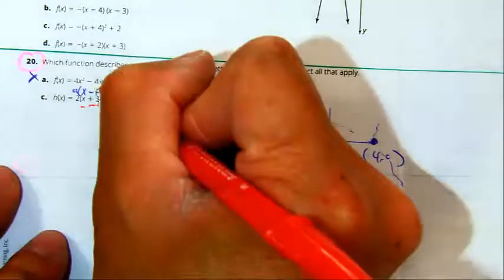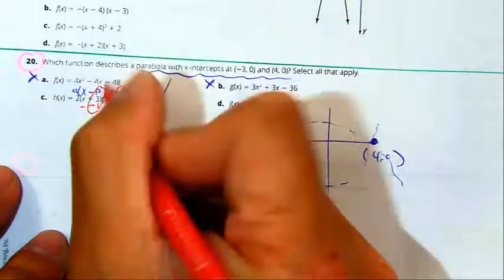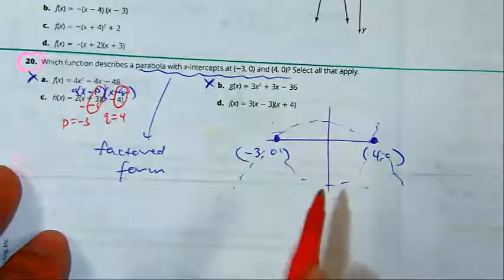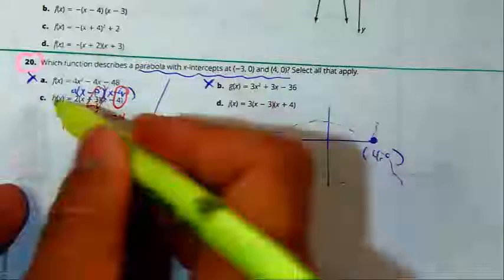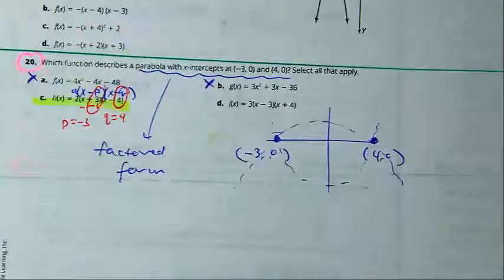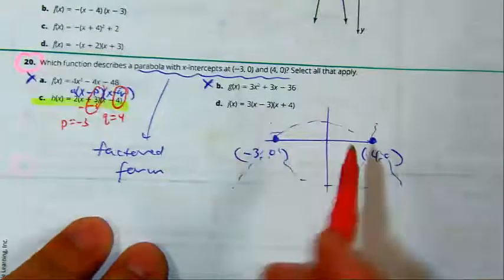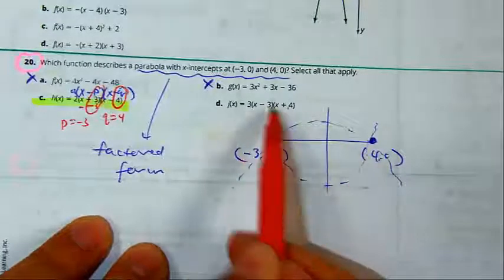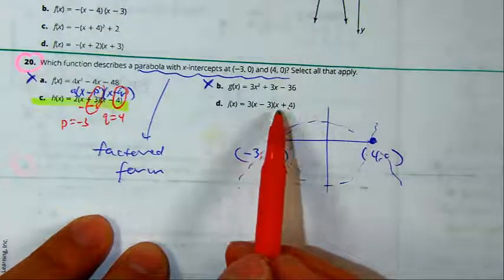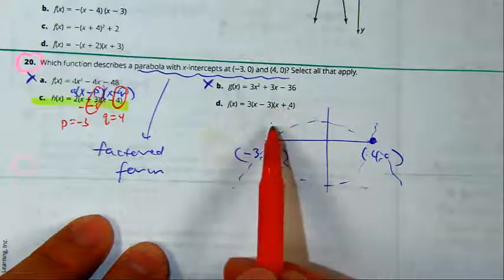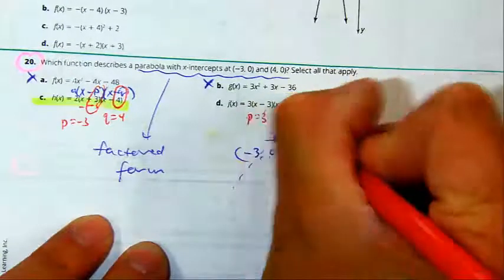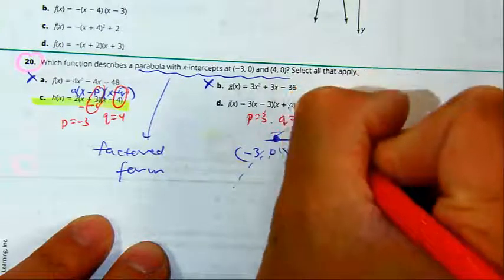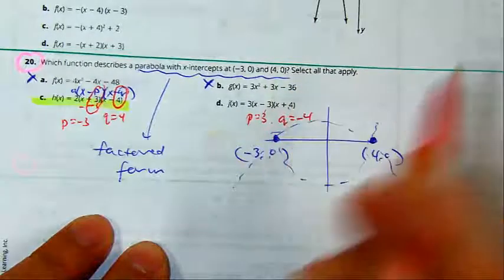So my p value would be negative 3. And that one matches. So my correct answer is C. Common mistake is to think that this is 4 and this is negative 3, but if you use your foldable, it says that in factored form they're the opposites of what you do see. So this would be a p equals 3 and a q equals negative 4. And that doesn't match.